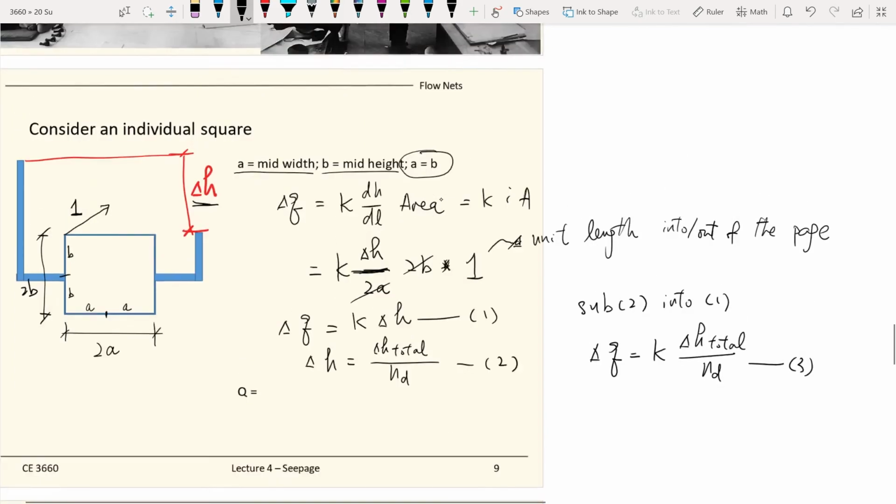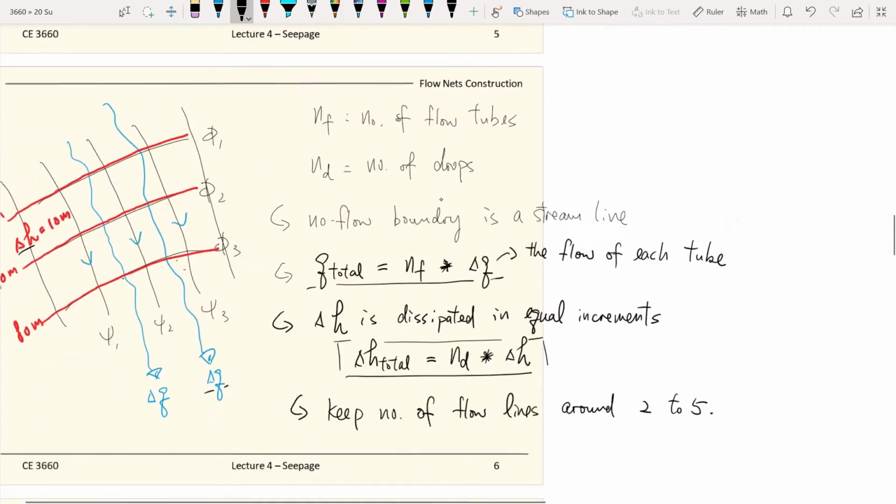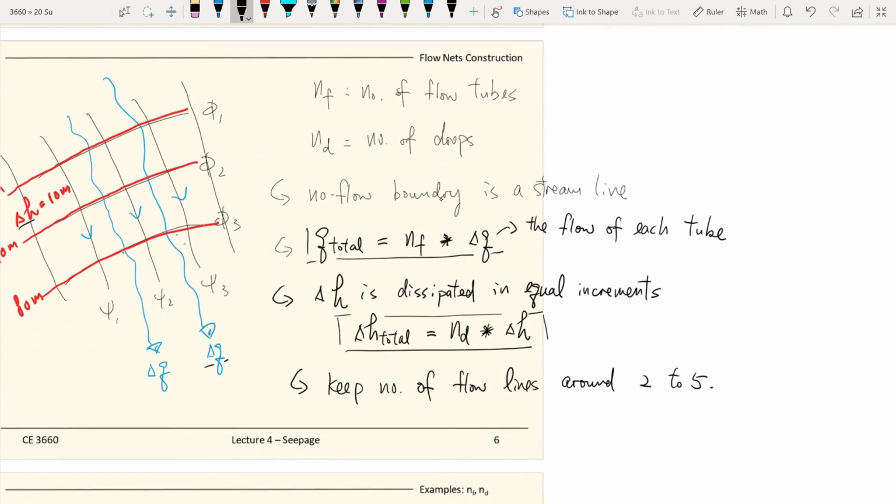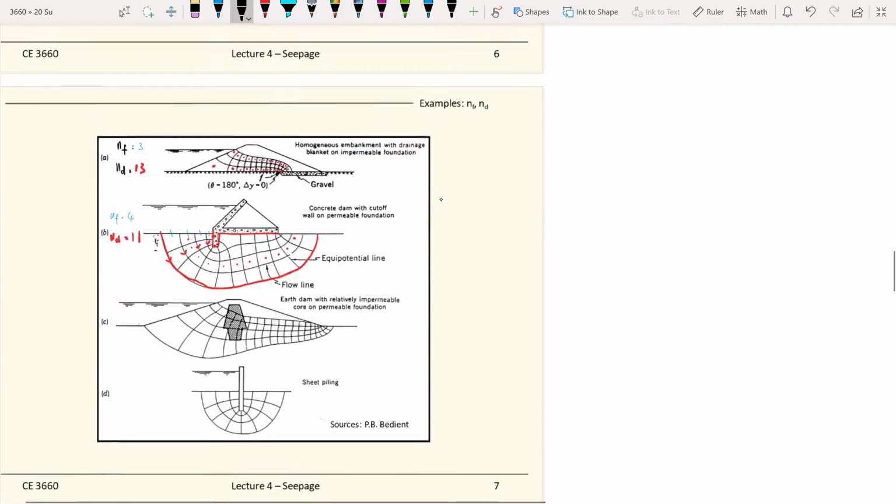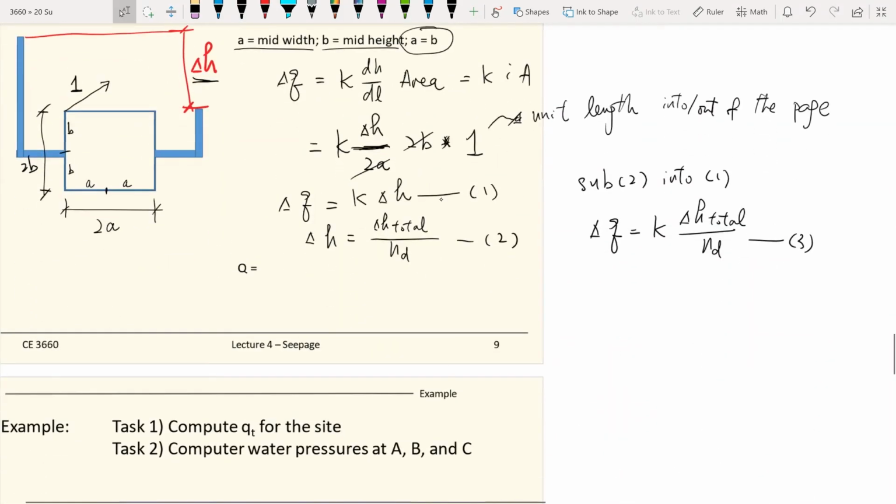And now we make use of another equation that we talked about before: the total amount of flow equals the number of flow tubes times delta Q. So we get Q total equals N sub F, which is the number of flow tubes, times delta Q. So this is our equation 4.